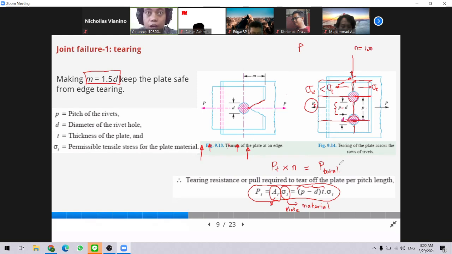But if the plates being joined are thick, then we cannot ignore the bending effect.